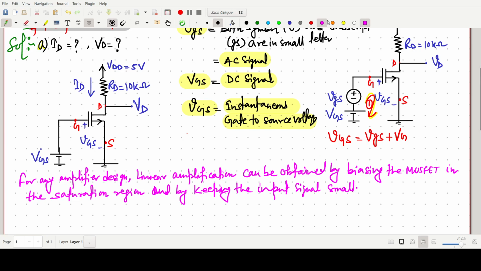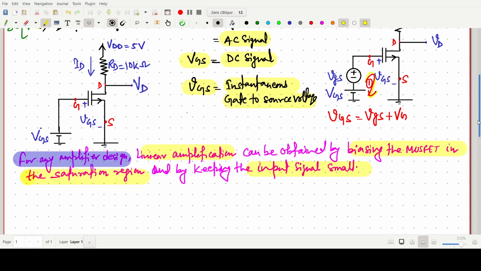For the linear amplification, we have to bias the MOSFET in saturation region and keep the input signal small. This is an important line.